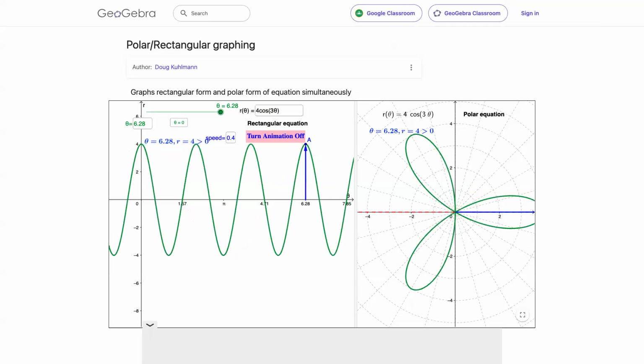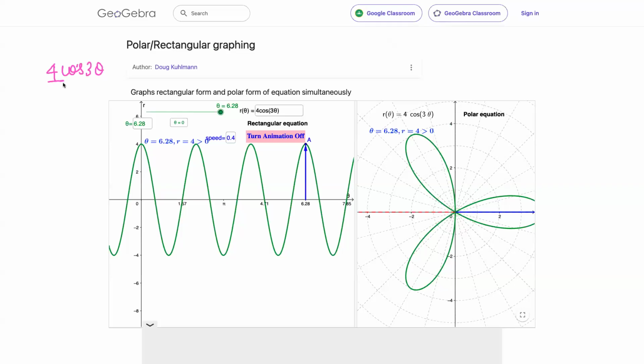When you do 4 cos 3 theta, first let's understand the linear graph out of this. The amplitude is 4, but the period was 2 pi for the parent graph, and for this one the period would be 2 pi by 3. That means within 2 pi there will be 3 full cycles.